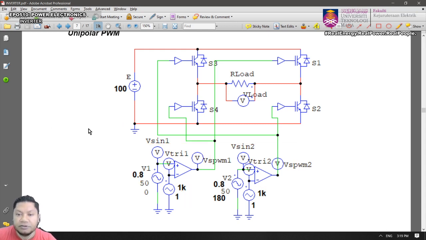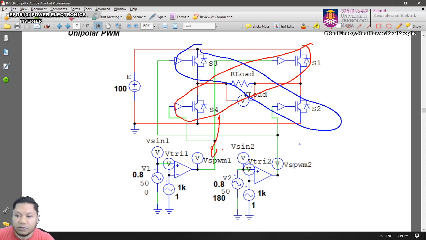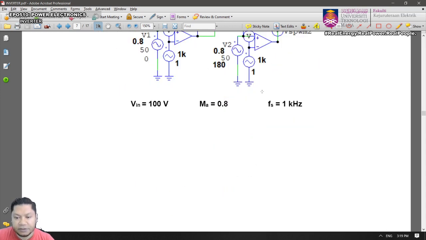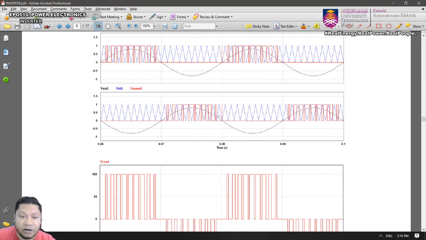So you have these two, and then again the diagonal switches will receive the same comparator signal from the first comparator, and the other diagonal, S2 and S3, will receive from the other comparator. As I showed just now we have 0.8, while just now our modulation index was 1.